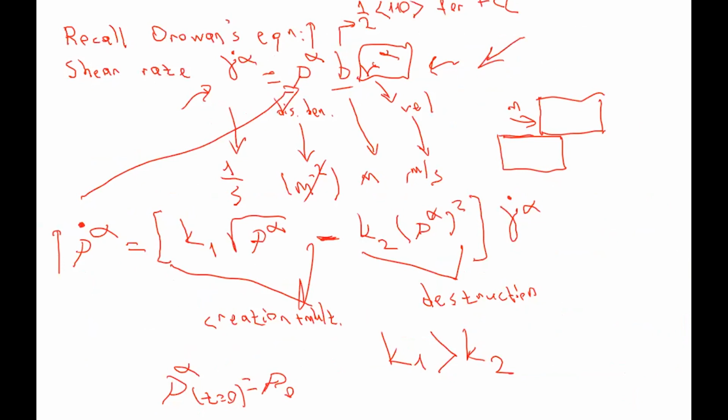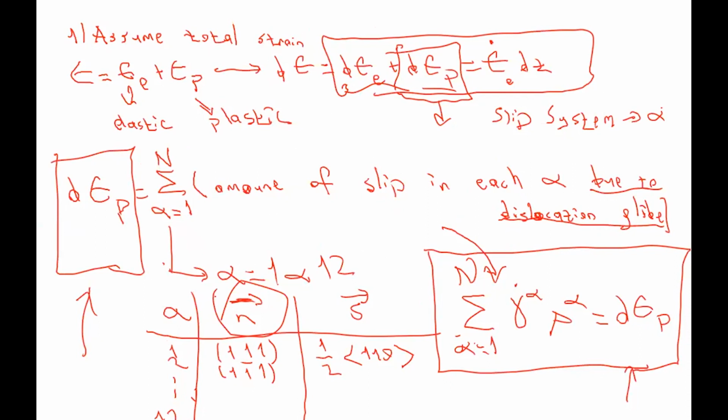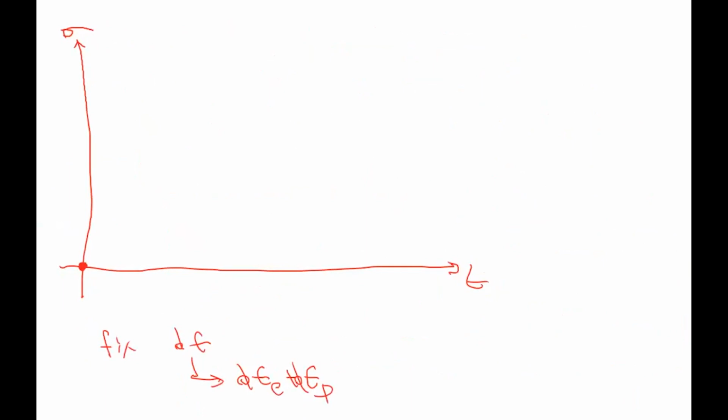If your shear rate is 0, you don't have any plastic strain, then what is the epsilon equal to? In the second step, the epsilon is equal to only elastic strain.